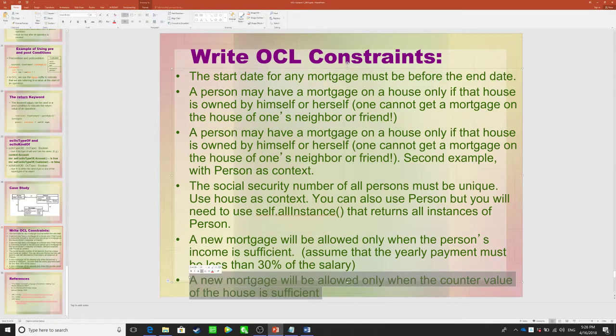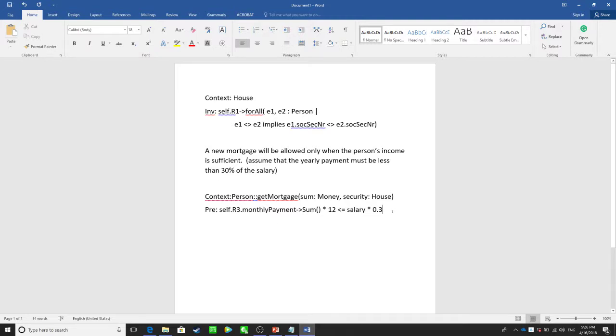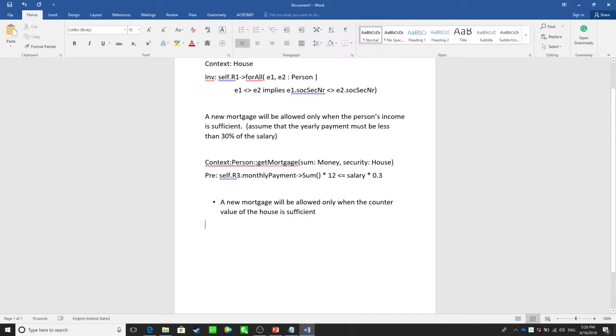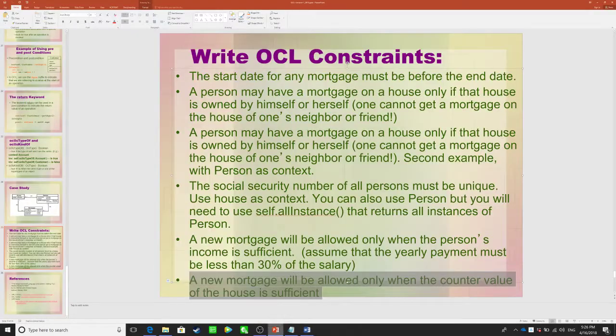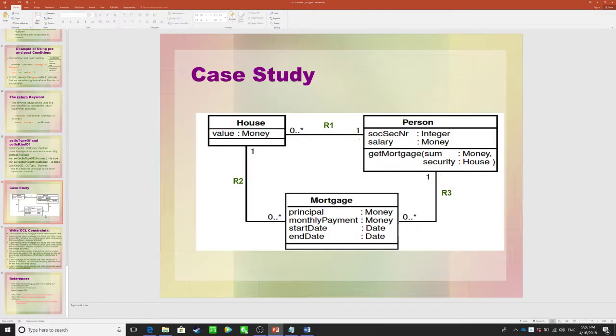A new mortgage will be allowed only when the collateral value of the house is sufficient. Let me put it here. When the collateral value of the house is sufficient. Which means if you want $1,000 for a house, the house must be worth greater or equal to 1,000. Okay, does that make sense? Right? Okay.